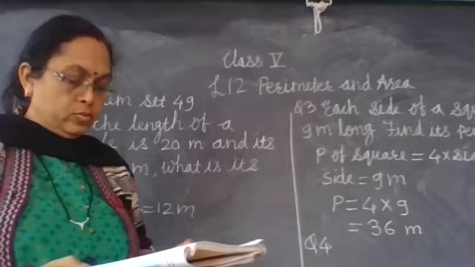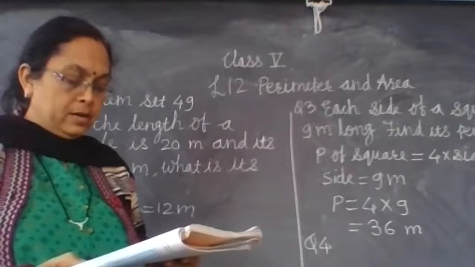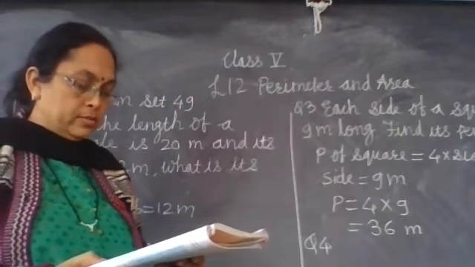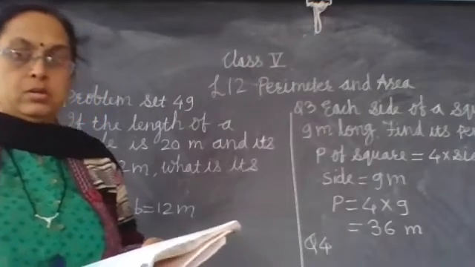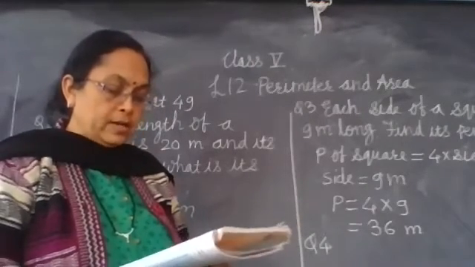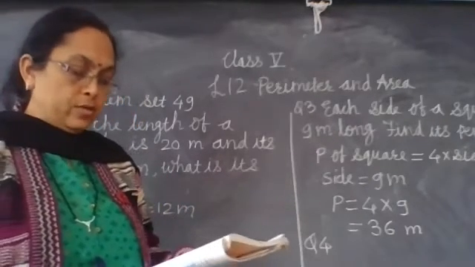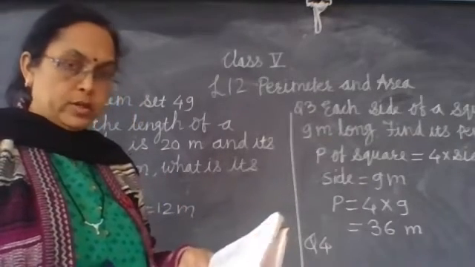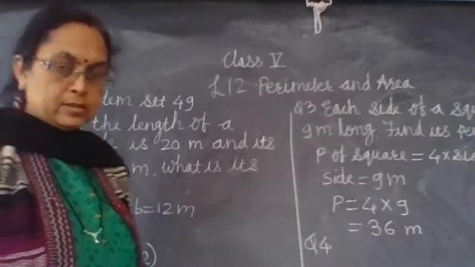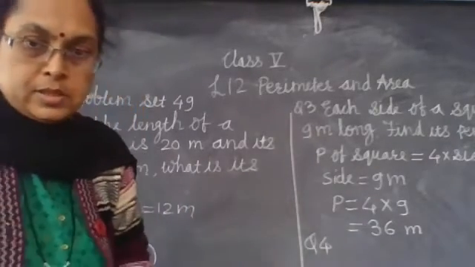Here also we have to find out perimeter, and perimeter means 1 round, but here it is given 4 rounds, and the distance we will calculate first in meter and then we have to convert into kilometer. So okay, in the next class we will see this question.